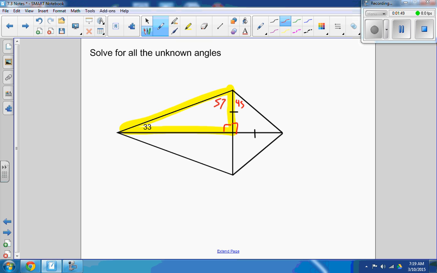Since those two sides are congruent, that's an isosceles triangle. We know the diagonal from vertex to vertex bisects the other diagonal, so we know those two are congruent. So this is also a 45, 45, 90 triangle. And we know the diagonal bisects the vertex angles, thus that has to be 33. And then this one's 57. So there we go. We solved all of the unknown angles.